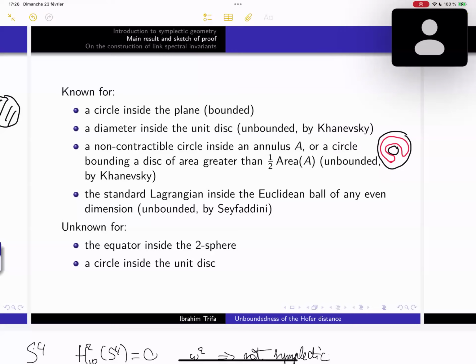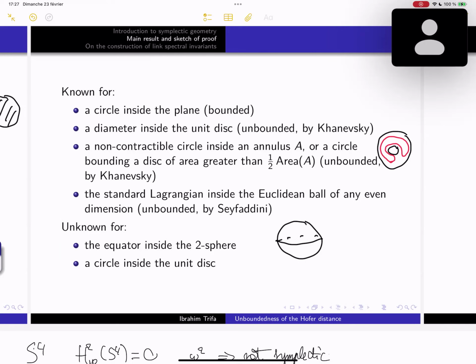Yes. Okay, so this question of unboundedness of the Hofer distance for sets of isotopies is still unknown in most cases. For instance, if your Lagrangian is the equator inside the two-sphere, this has been an open question for more than 20 years.